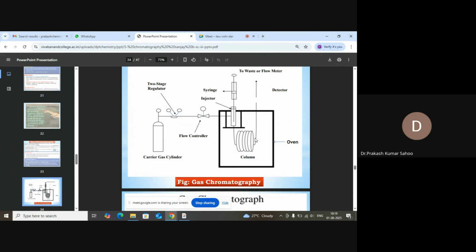The sample is now accelerated through the column, and after that, the different particles get detected with the help of this detector.